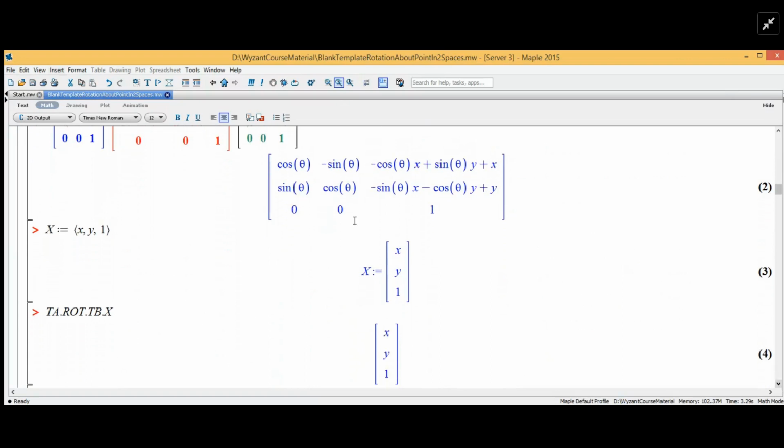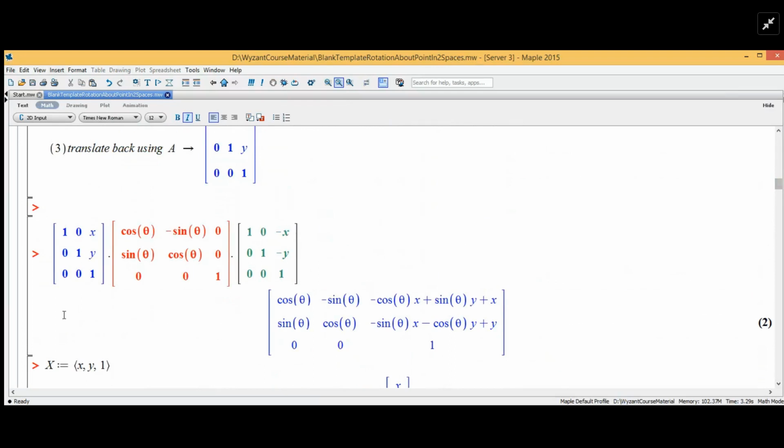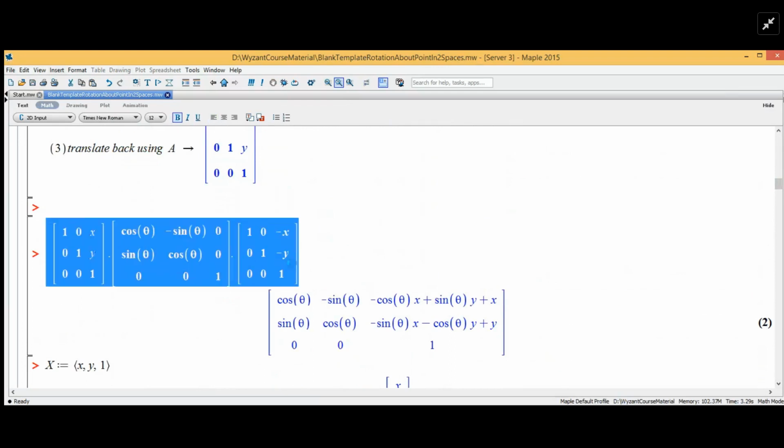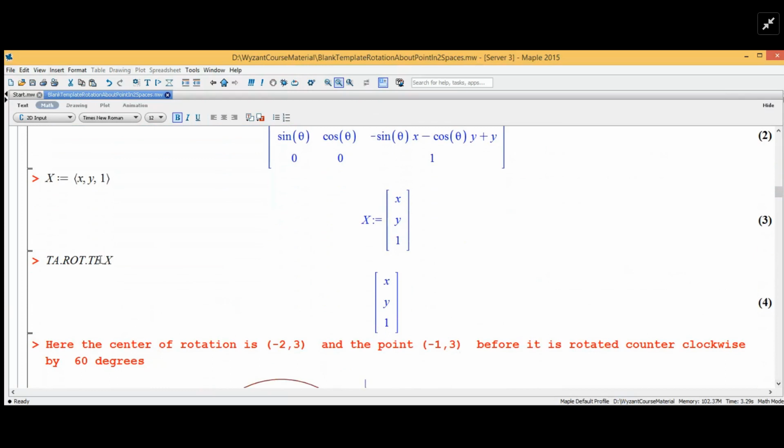Now, to check this, if we take the point (x, y, 1), which should be invariant under this operation because that's the point that we're going to rotate, and apply the product, that gives us that. In terms of matrix multiplication, that's translate back, rotate, then translate back to the point A, the point in question.